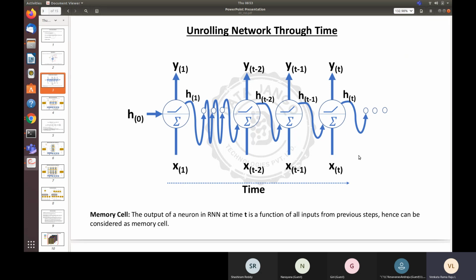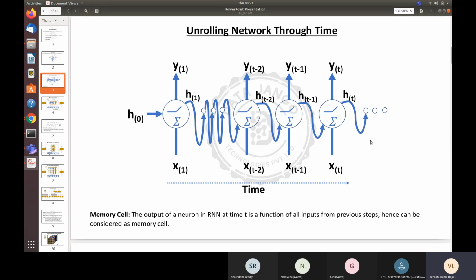Out of those time steps, to predict the January 2nd stock price, I may be considering the last 10 days, maybe December 22nd to January 1st. I am considering those as the time steps. The January 2nd stock price is dependent on those.